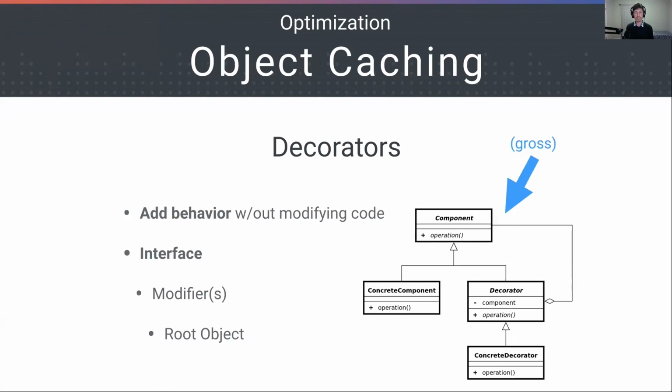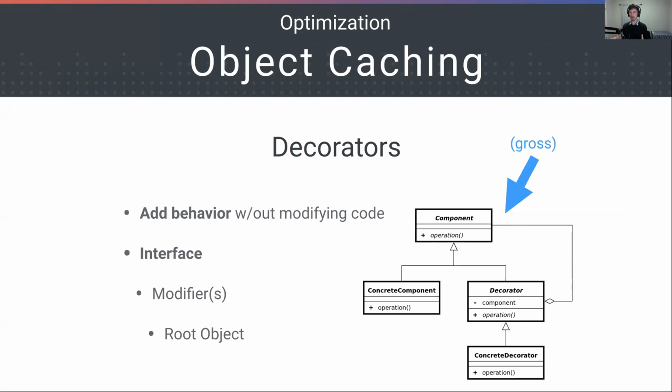I like to use what's called the decorator. And over on the right here, we have this gross UML model of the decorator design pattern that for some reason has two interfaces, even though the interface has the exact same method call. The component, a concrete component, an interface decorator, and a concrete decorator.